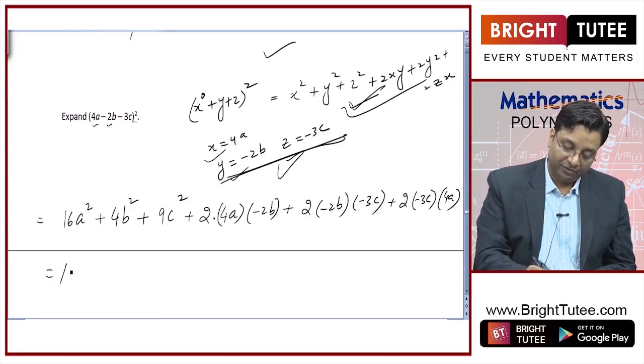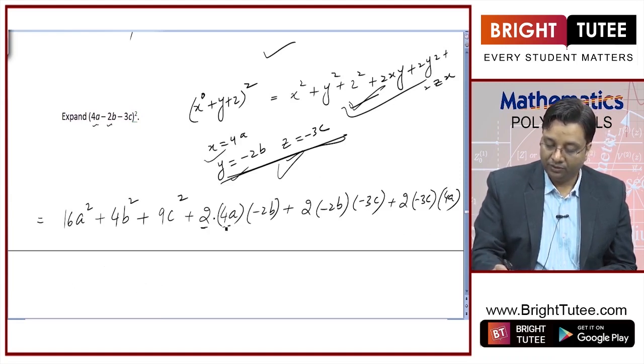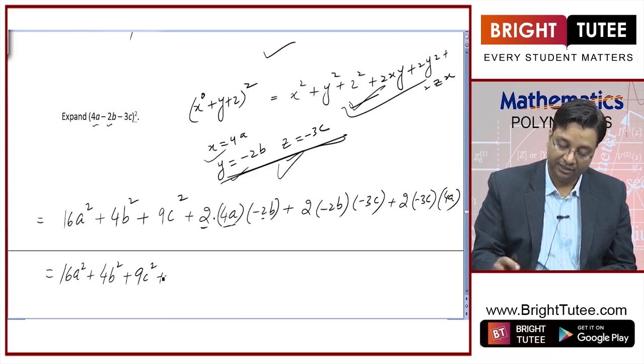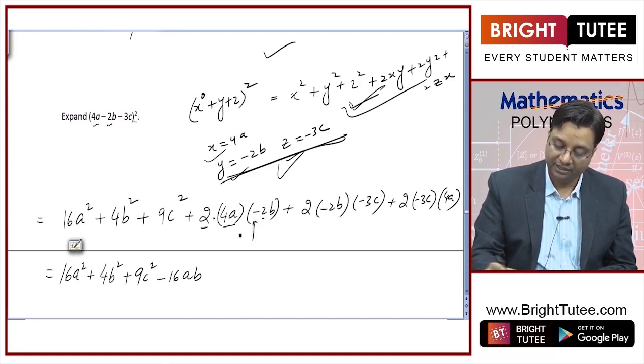So the expanded form will be 16a square plus 4b square plus 9c square plus this will be 2 into 4a, that is 8a into 2, 16, so minus 16ab, hence this will be minus 16ab. Because of this negative sign, this entire expression will become negative here.